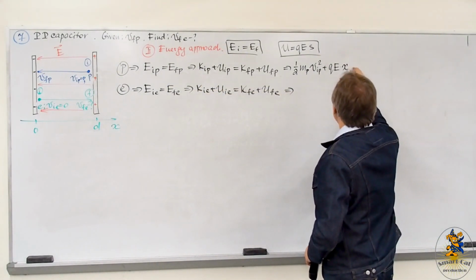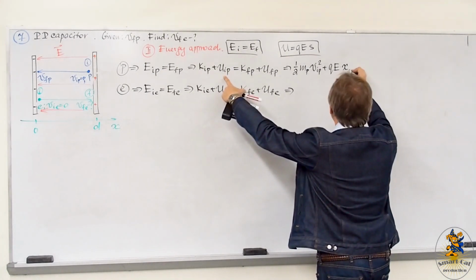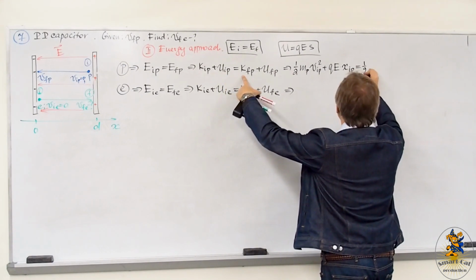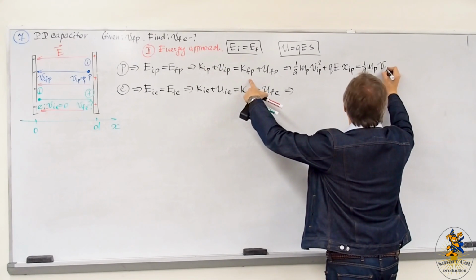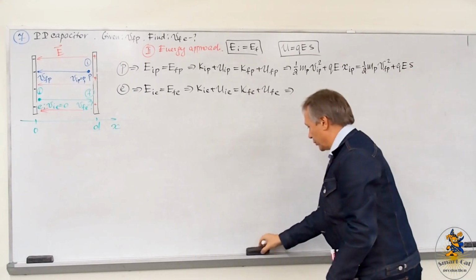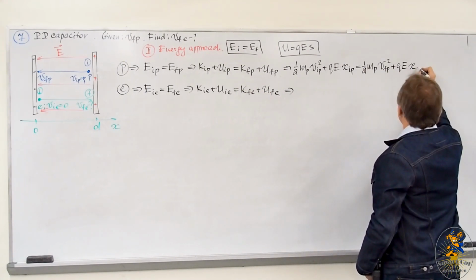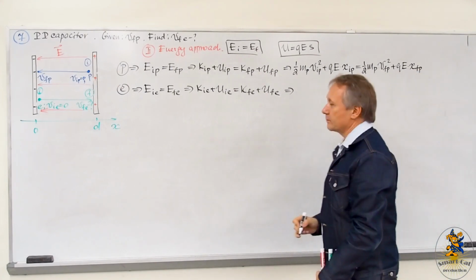So X is the initial position of the proton, equals now very similar: one half mass of the proton, velocity of the proton final squared, plus Q E X final of the proton.